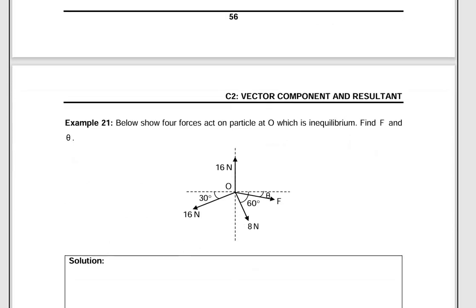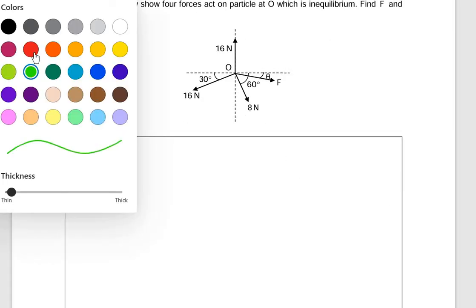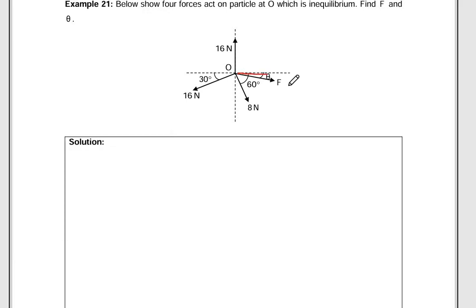Okay, kita buat lagi satu. Example 21. So, example 21, kita akan draw dia punya komponen. Katalah ini F1, F2, F3, F4. Komponen F1, dia akan ada F1X dan F1Y ke bawah, negatif.